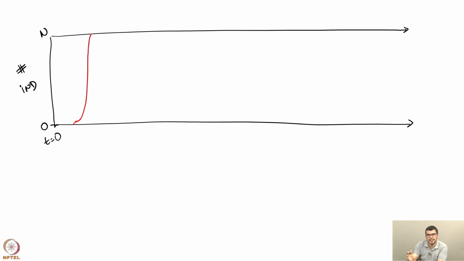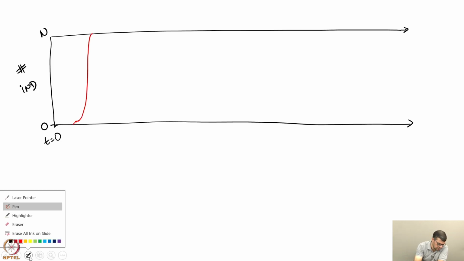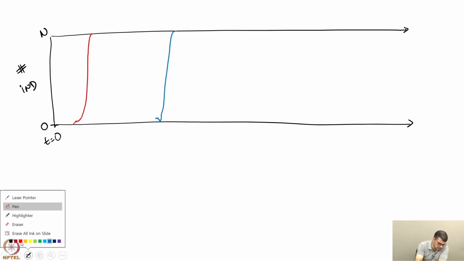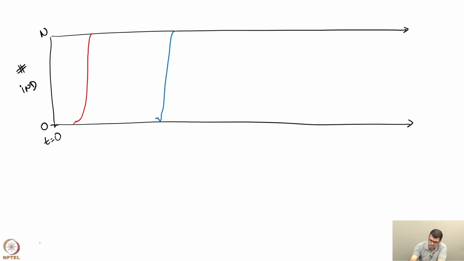Then we have to wait a really long time for a new mutation to come which was able to escape the action of drift, and then this mutation also had its fate, and it was able to reach fixation. And this process keeps on repeating itself, newer mutations keep on occurring and going to fixation, and so on and so forth. This process will keep on repeating itself.